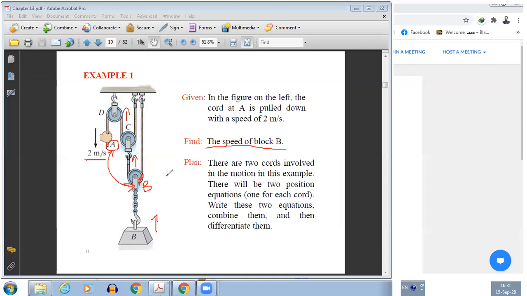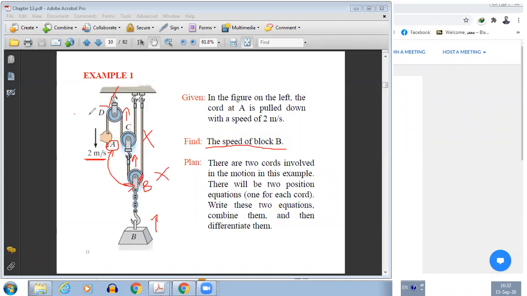Again, for the solution, I have to follow all the 6 points. Point number 1, specify the fixed reference. Okay, this pulley cannot be the reference. It's movable. This pulley cannot be the reference. It's movable. But this is fixed. So let this be the reference. Point number 1 done. Let's go to point number 2.